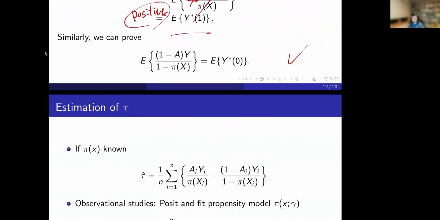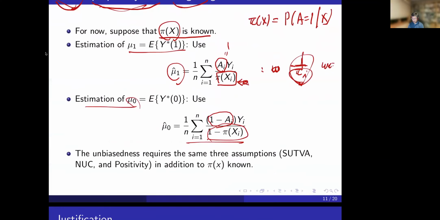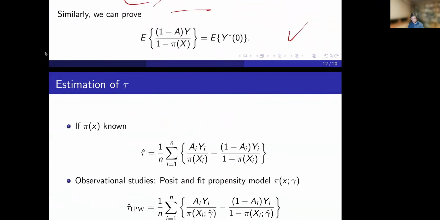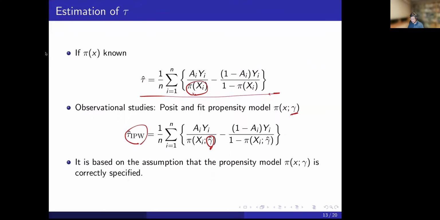So this is the estimator of mu1, this is the estimator of mu0, and we subtract to get tau. The IPW estimator basically estimates pi by pi(x_i, gamma hat), where gamma is the parameter for the propensity model. It is based on the assumption that the propensity model is correctly specified.